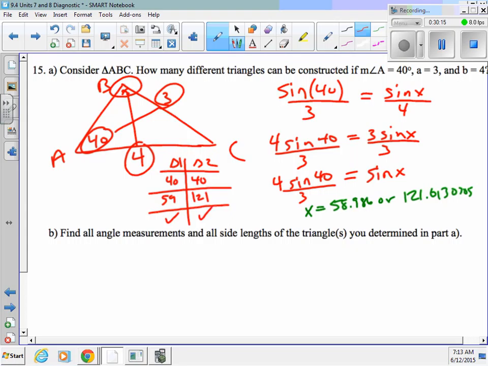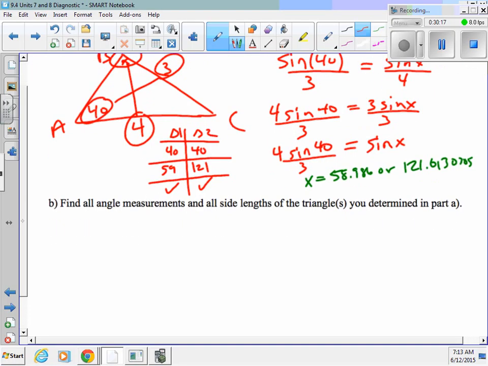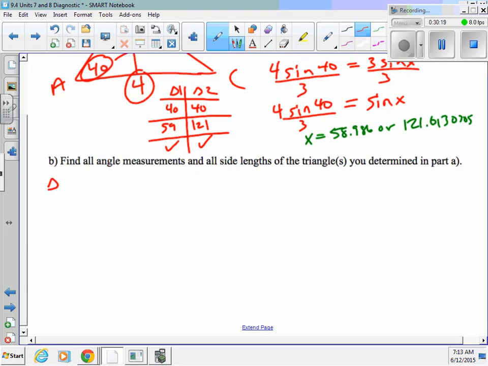So now I want all angle measurements and all side measurements. So I'm going to have triangle 1 here. Triangle 1, we said A, B, C. We said B was 4, A was 3, angle A was 40, and angle B turned out to be 58.986.